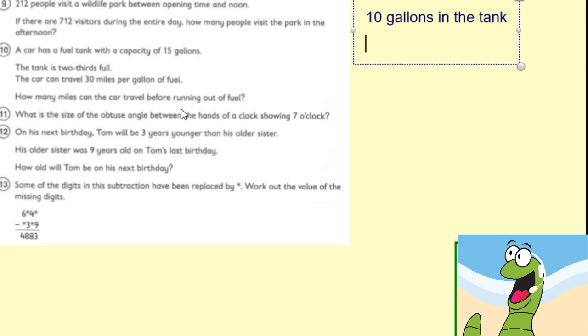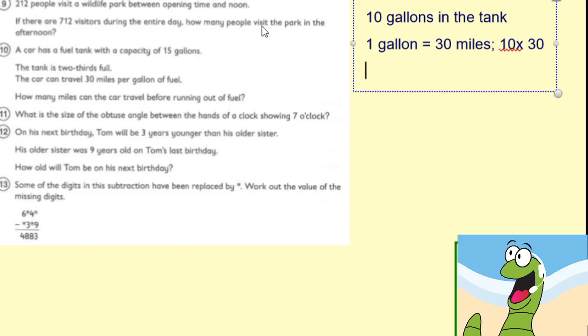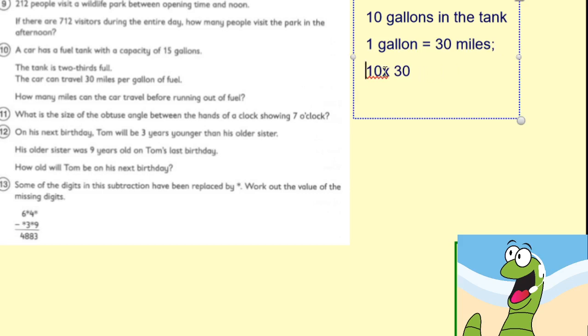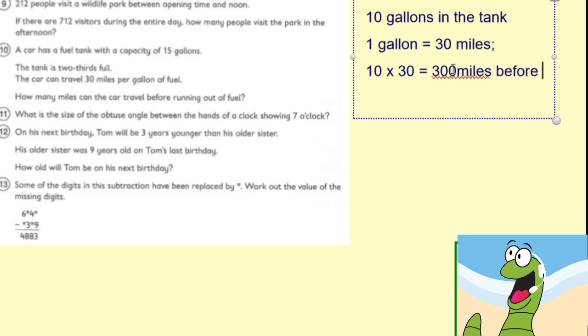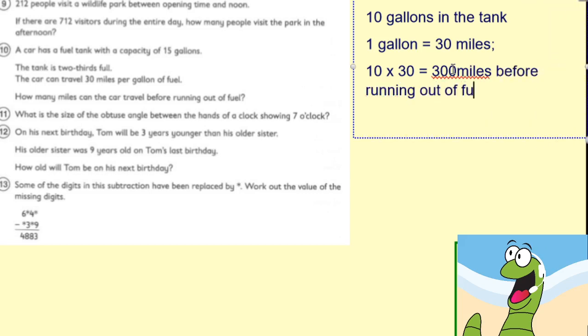So if 1 gallon equals 30 miles, that must mean that 10 gallons will allow us to go 10 times 30, which means it can travel 300 miles before running out of fuel.